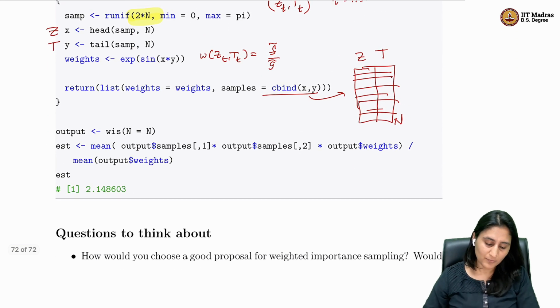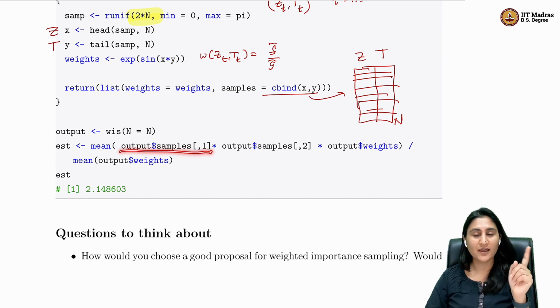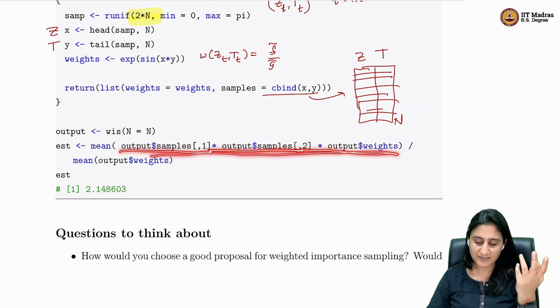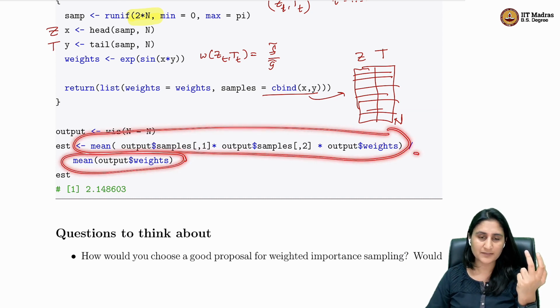How do I do that? Well, my estimate is just going to be a mean, the numerator divided by the denominator. The numerator is the first element of the samples, which is z's, times the second element, which is t's, times the actual weights, so this is Z_t, T_t times W_t. That is the mean of this whole thing, divided by the mean of just the weights.